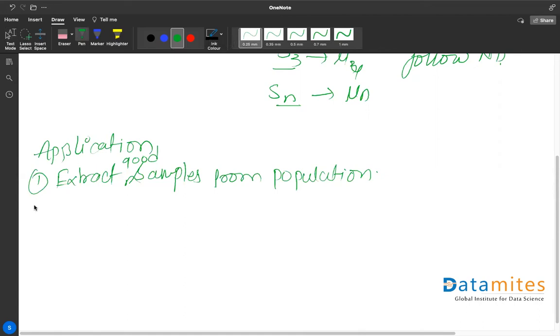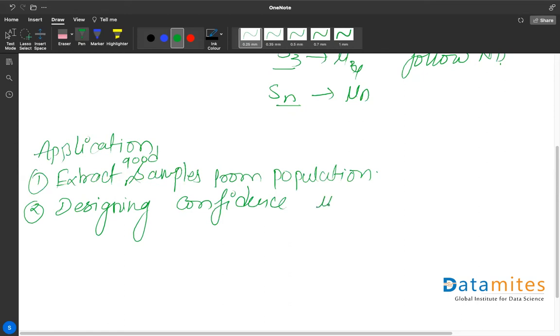There is another application, designing confidence intervals.